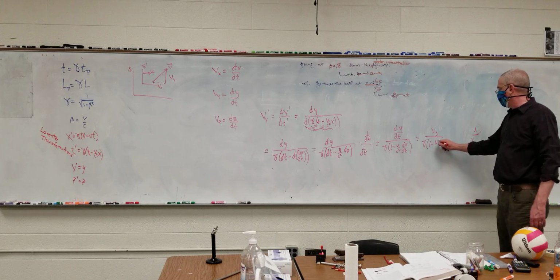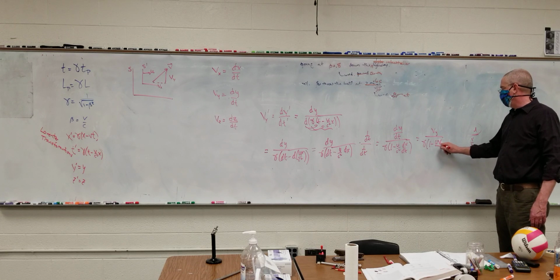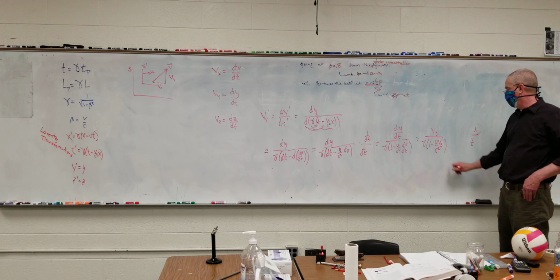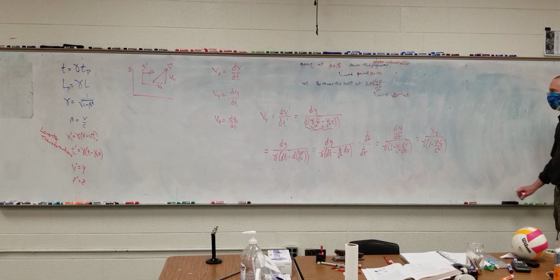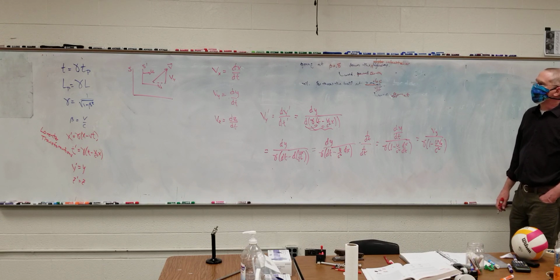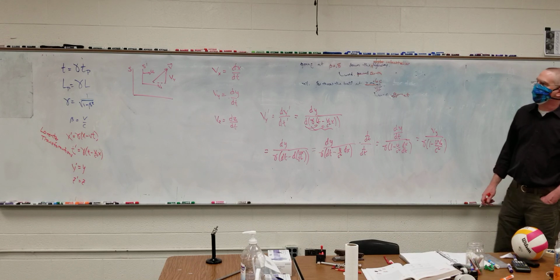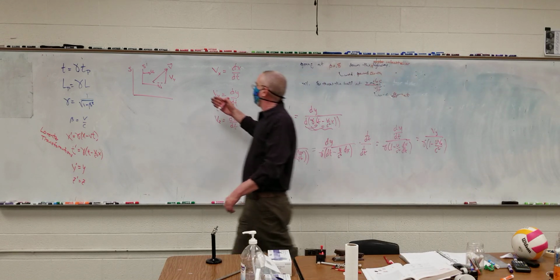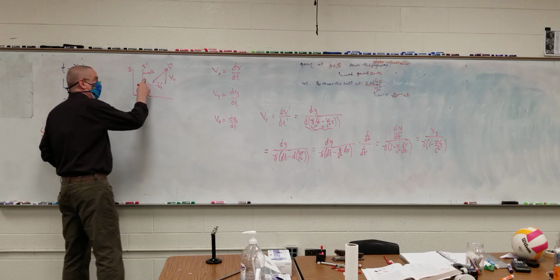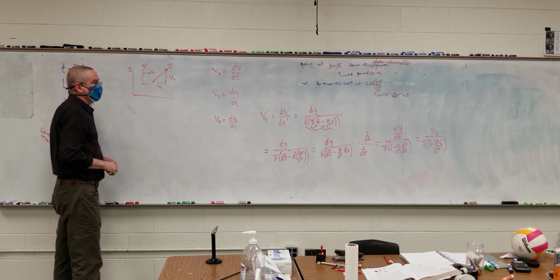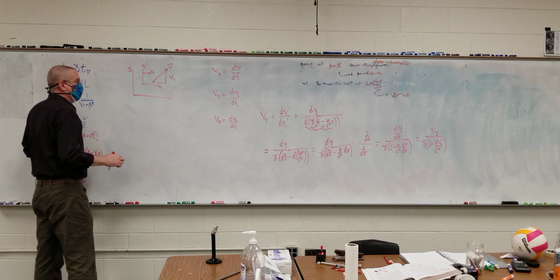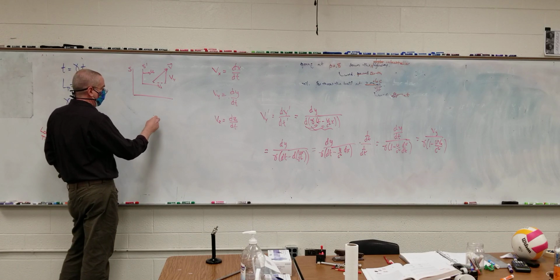So we have a way of calculating how fast this object is moving up in the prime frame relative to this frame right here. So doing a quick plug and chug here.